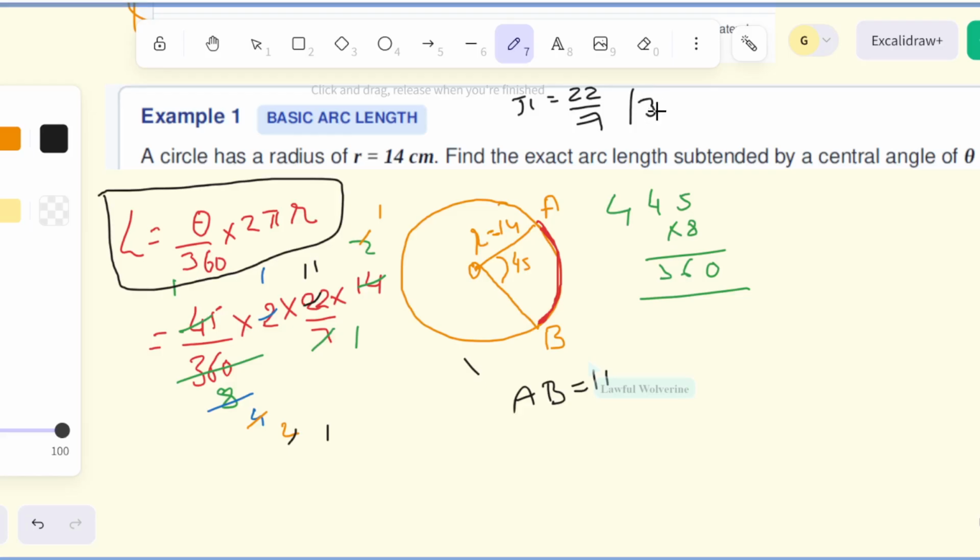Sometimes we take 3.14 also, depends. But maximum you take 22 upon 7 because 7 and 14 are multiples, it will get cancelled out as well. So in that way you can choose, or else they will tell what value we have to take for pi. So we just substitute the things, we cancel the things, and that's how we got length of the arc AB equal to 11.